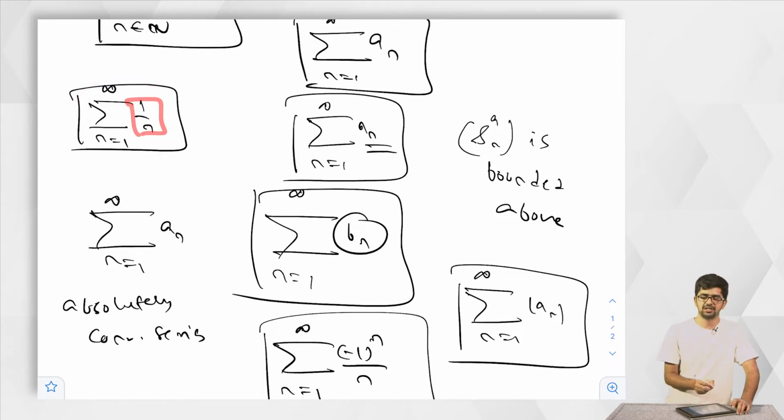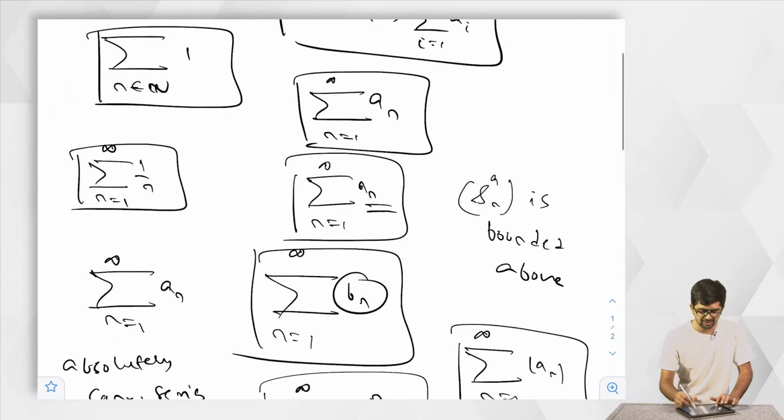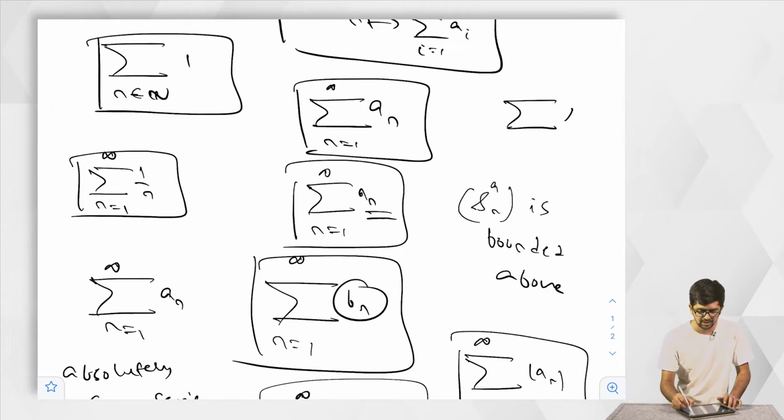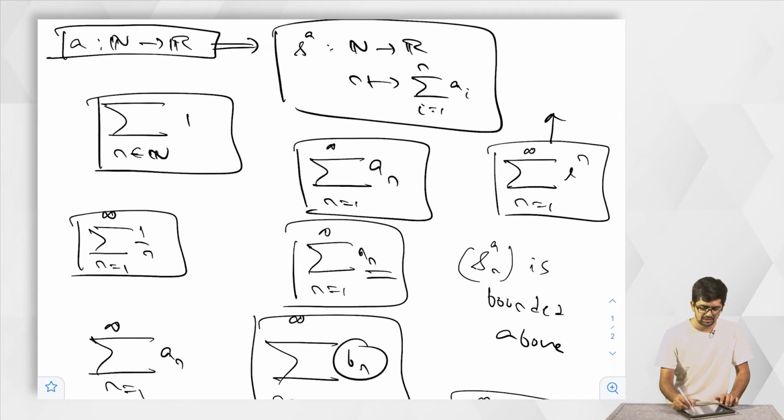This goes to 0, but the series was not convergent. So as the next step, we took something like summation L power n, where L is a positive number less than 1. We have seen this to be convergent, and the limit was L by 1 minus L. I think that is correct.